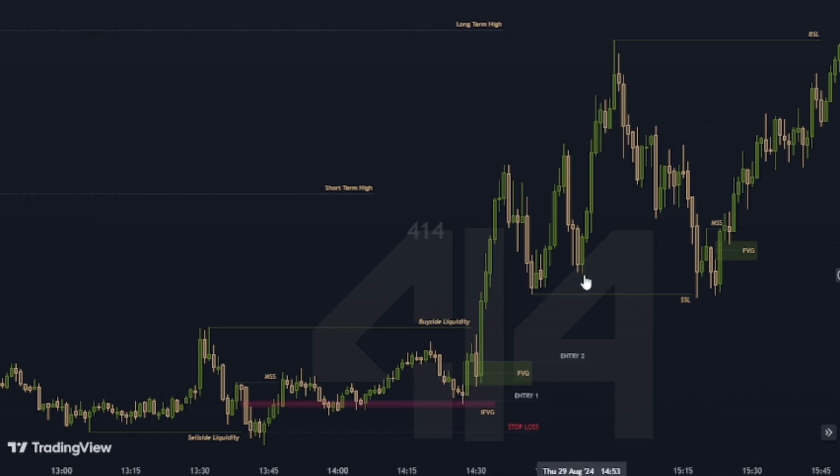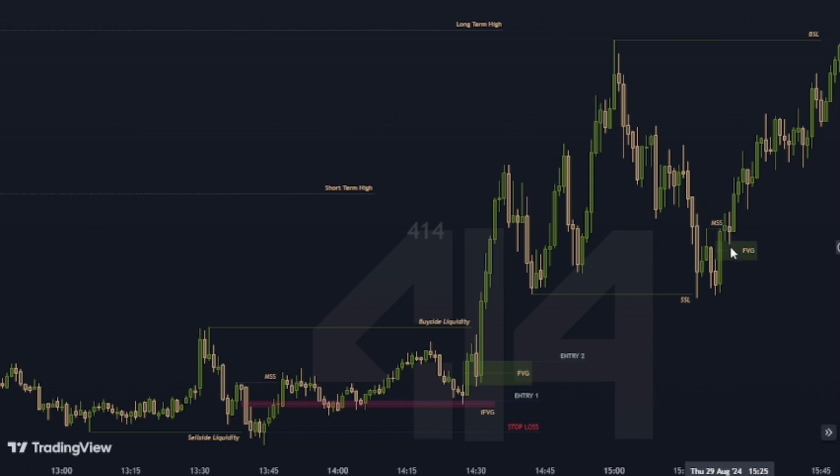These are relative equal highs, sell side liquidity. Price wicked it, getting an opportunity after this shift in market structure, a willingness to go for this buy side liquidity and that long-term high there.